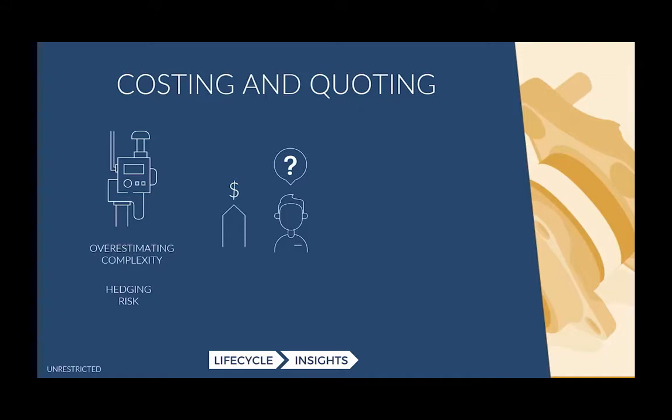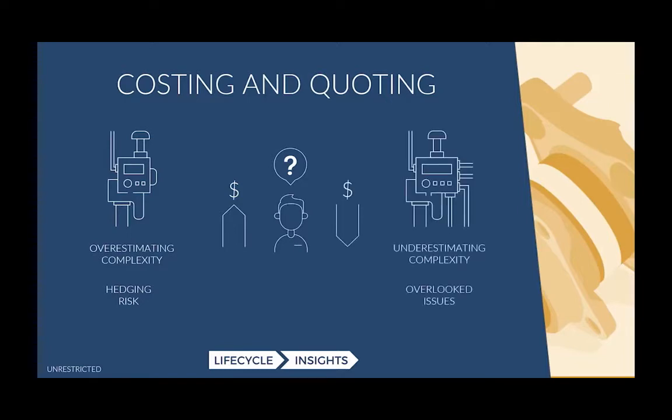Now, the downside of this approach, obviously, is that your price is higher than competitors, and you could very well lose these deals more easily. Of course, at the other end of the spectrum, you underestimate complexity, and you have issues that you overlook or maybe don't understand, and you come in with a lower bid.